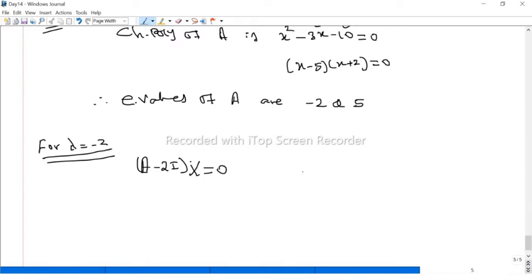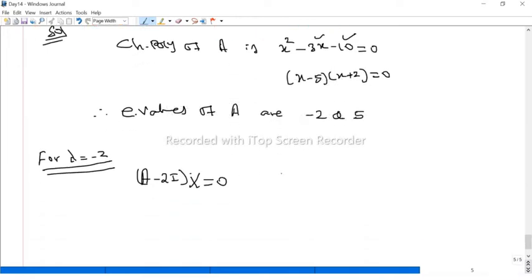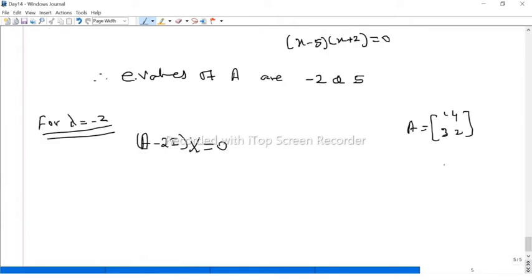So what is A minus lambda I? A is 1, 4, 3, 2. We just subtract lambda only on the diagonal. So A equal to 1, 4, 3, 2. Now if you subtract minus 2, we get minus 1 here, and this is 4, this is 3, and 2 minus 2 is 0.